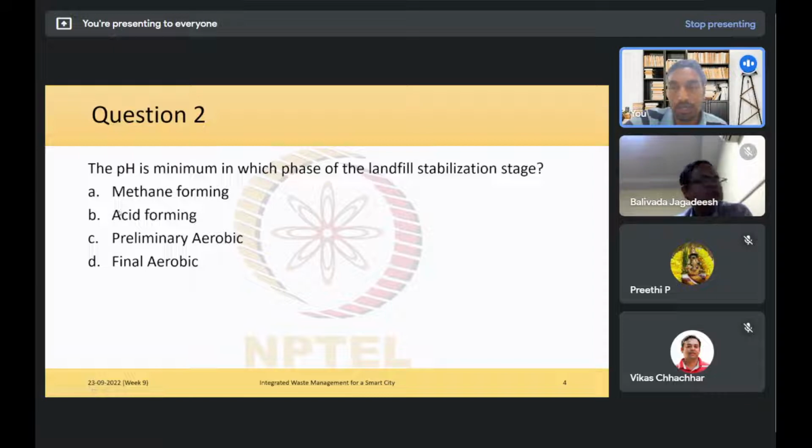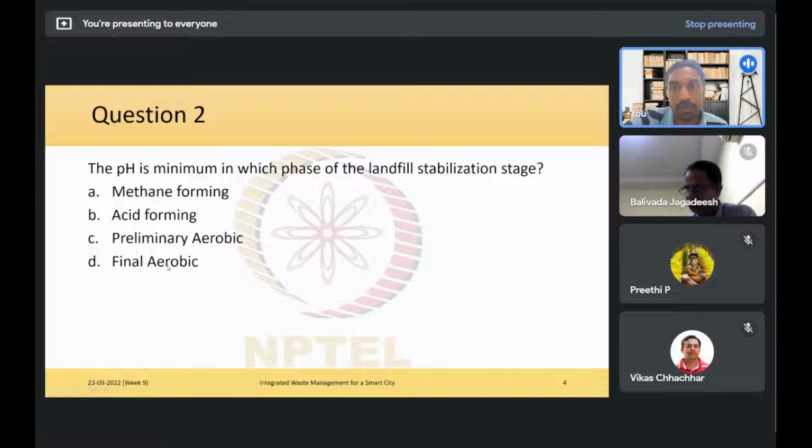which is the first of two anaerobic phases, the first of which is the acid forming phase, right? So in this acid forming phase, the anaerobic decomposition takes place, where the organic matter will be converted into acids, such as acetic acid. And once this stage is done, we move into a methane forming phase, where the acid formed will be converted into methane. And finally, we'll end up with again an aerobic stage, which is the final aerobic stage.